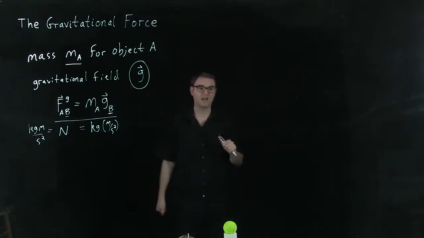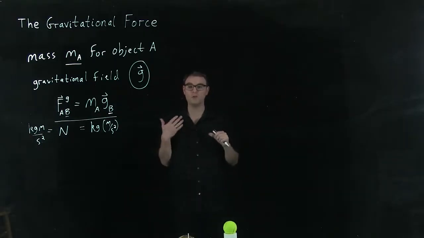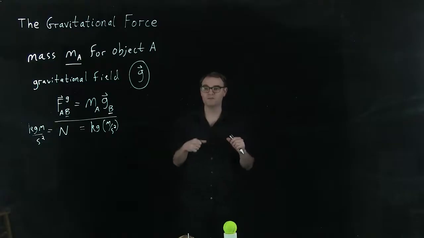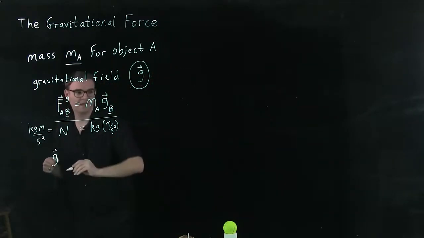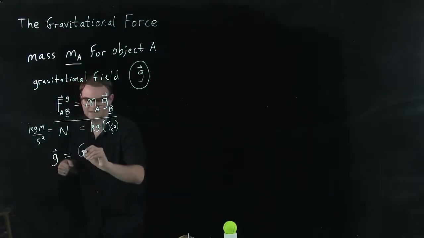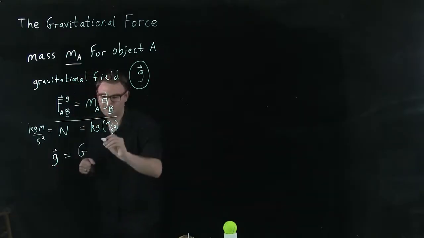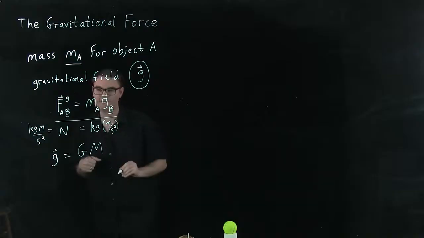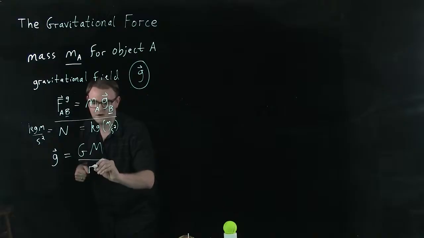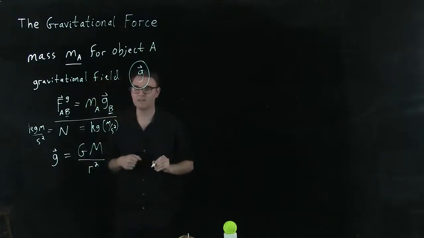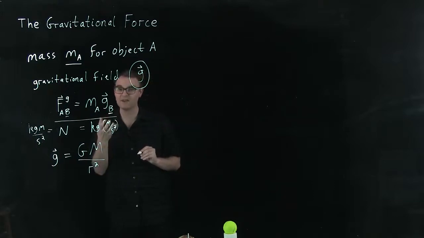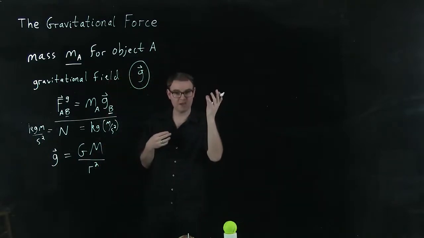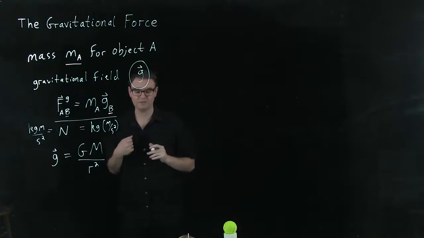We, in this class, are going to start by using the Newtonian model for the gravitational field, which says that little g can be written as a constant big G times the mass of the object that's creating the gravitational field divided by r squared, where r here is the distance between the center of the object that's creating the gravitational field and the location where you are finding the gravitational field.